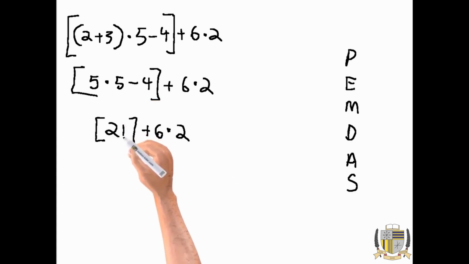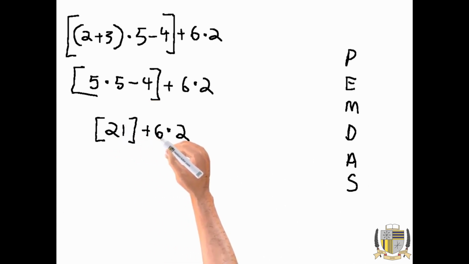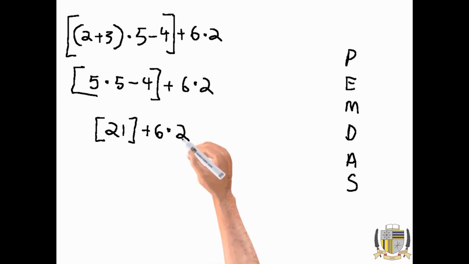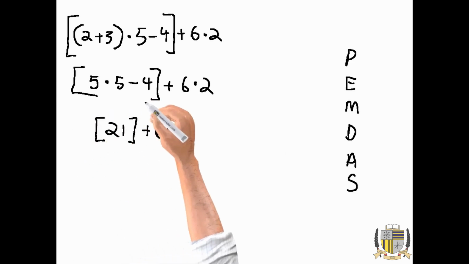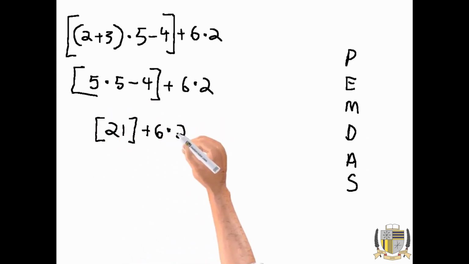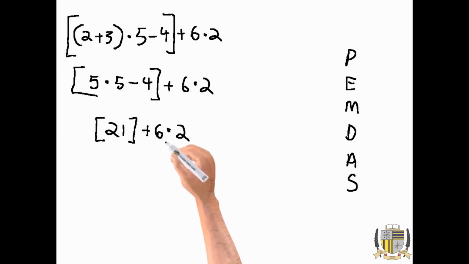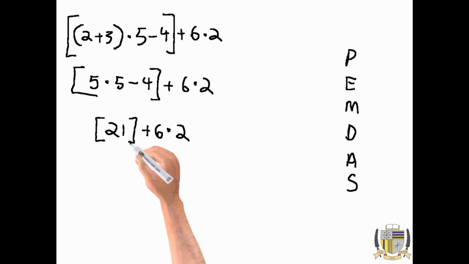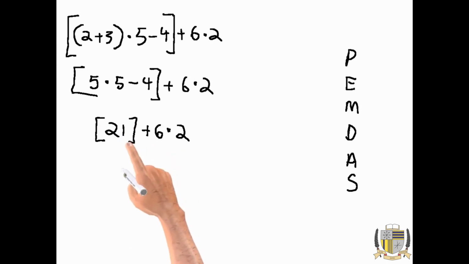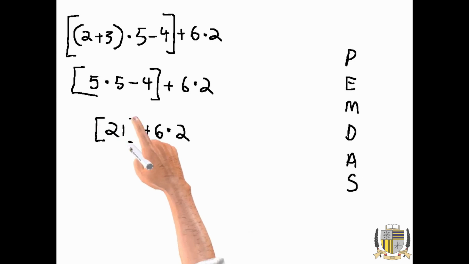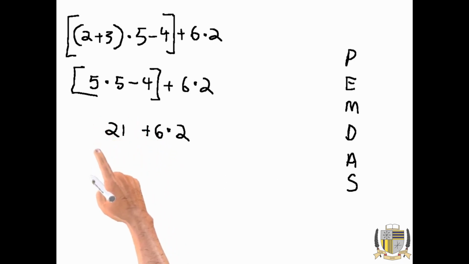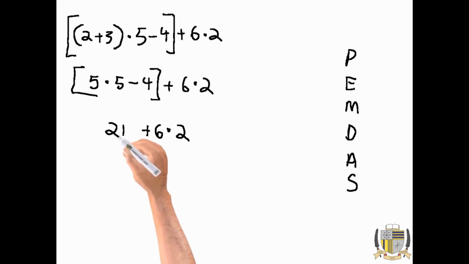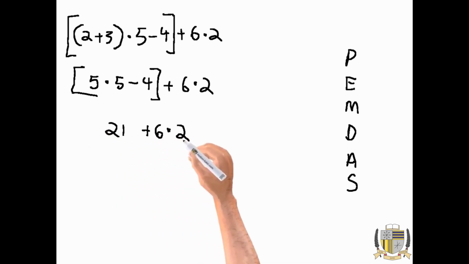So here's the 21 plus 6 times 2. So we apply the PEMDAS to this. Do we see any parentheses? Technically we do, but it's unnecessary because it's just a 21 in there. There's no operations going on. So I can erase that. So we have a 21 plus 6 times 2.